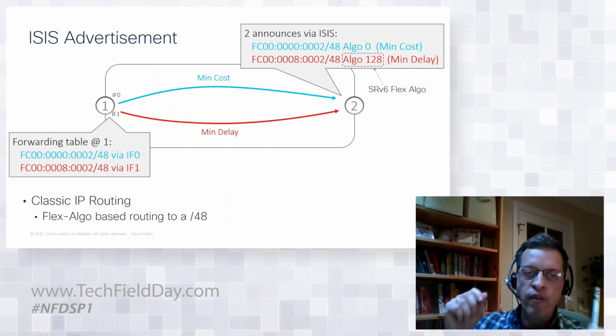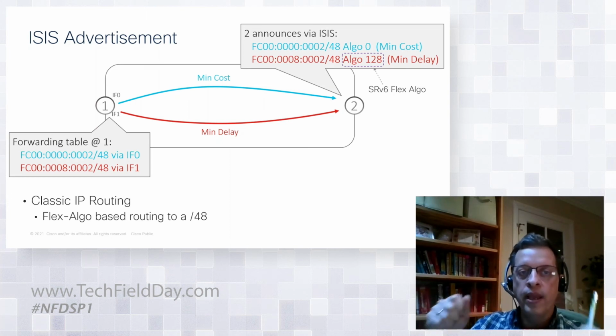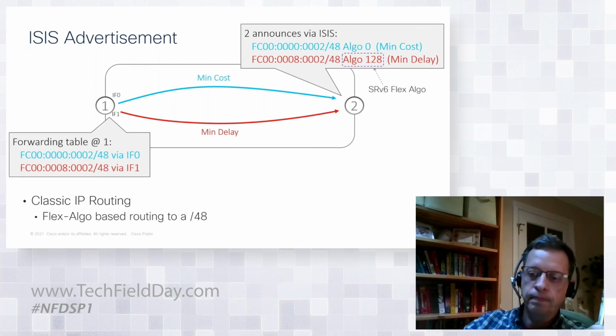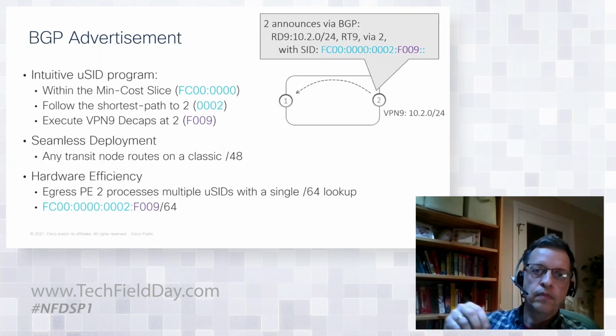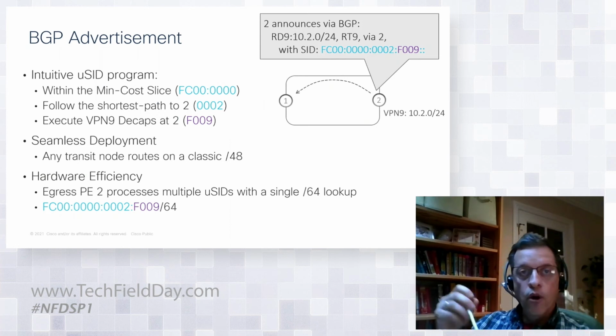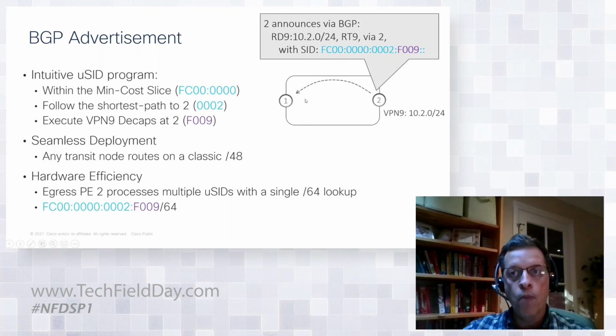And this is where we're moving into very important constructs. Everybody in the network is going to be doing prefix-based routing and forwarding. Now, not only ISIS, but BGP too. If I'm running services between router number 2 and router number 1, I'm going to be advertising VPN prefixes, and those VPN prefixes, in addition to the normal prefix, the RD and the RT, will also include the SID that the particular VPN prefix and the intent in the transport requires.